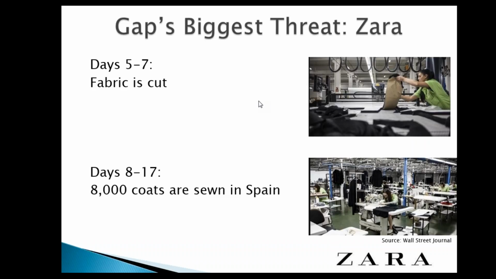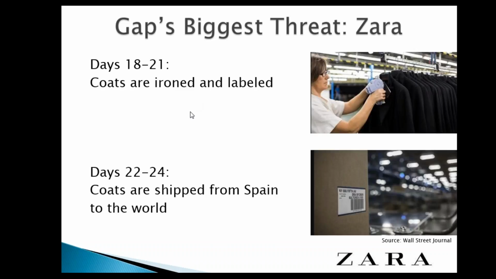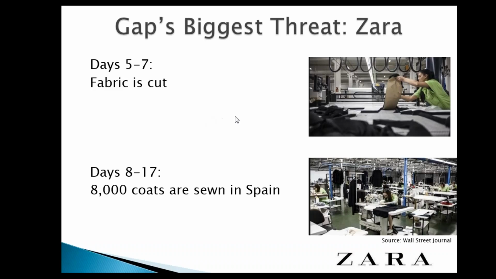So as the second week moves in, over a couple of days the fabric is cut. They have these gigantic industrial cutting machines where they can probably cut 10 layers of cloth at once, and I'm just being conservative, it could probably cut even more than that. So they're cutting 10 coats at once.